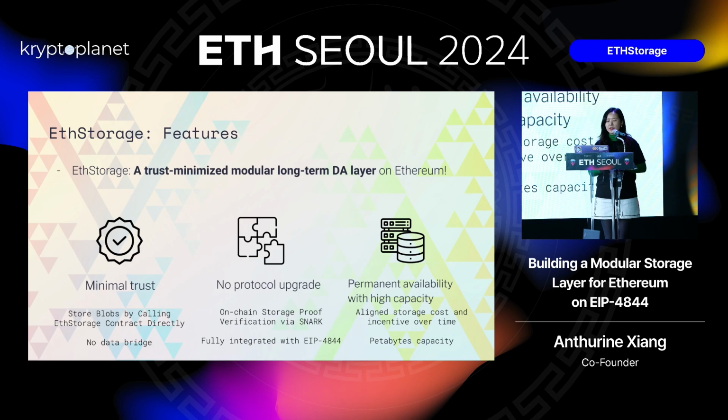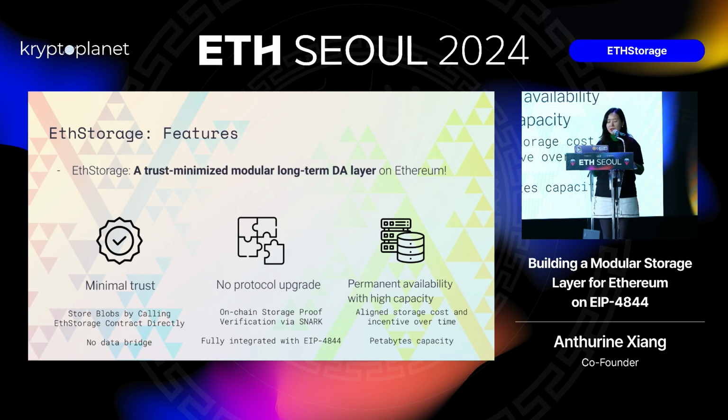After all the motivations and the goals, let me summarize the 3 features of ETHStorage. The first one is minimum trust. Because we store blobs by calling the ETHStorage contract directly, there's no data breach. So that will bring minimum trust. The second one is modular.